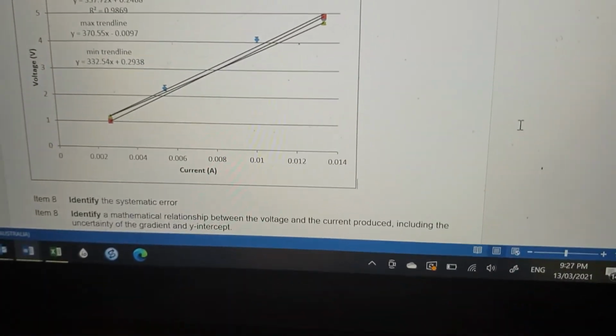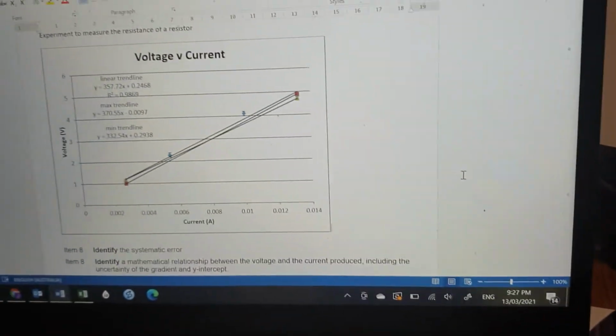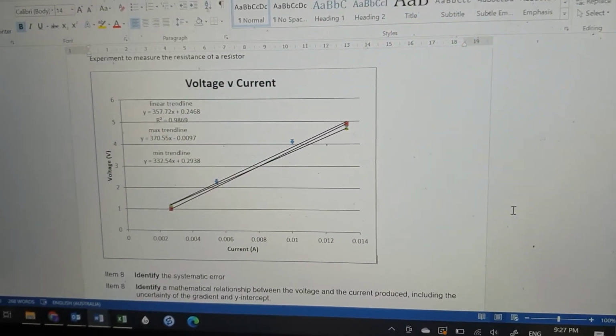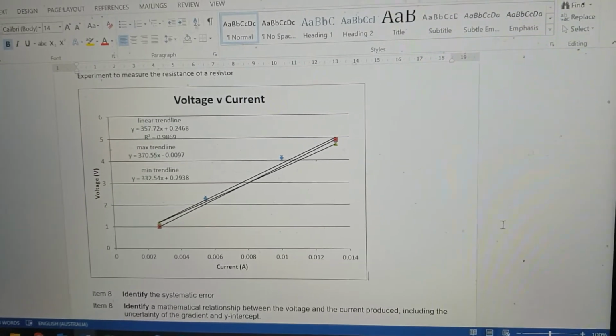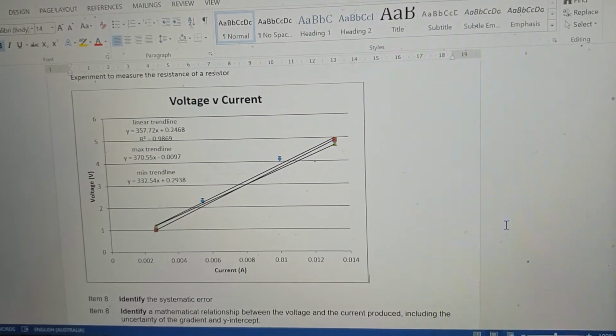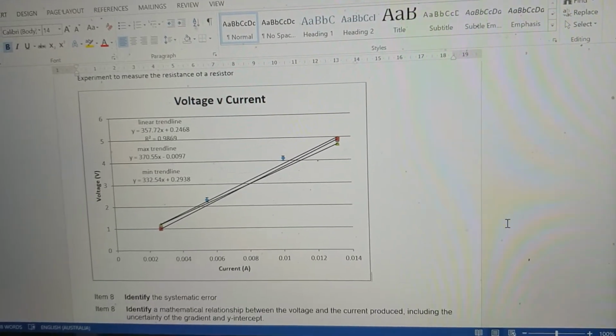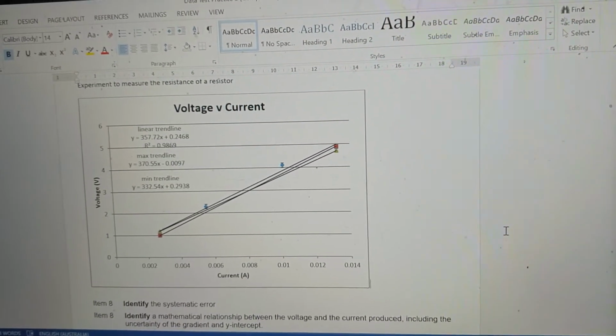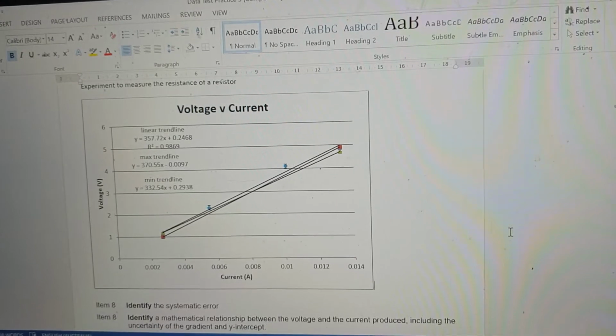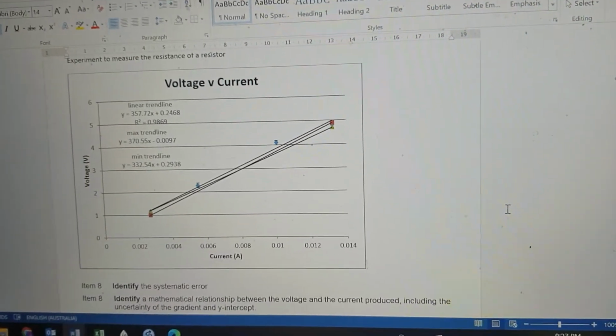Systematic error is caused by calibration errors. It's caused by inbuilt error within the machine. Sometimes when you take a measurement, you change its value simply by the process of taking it.